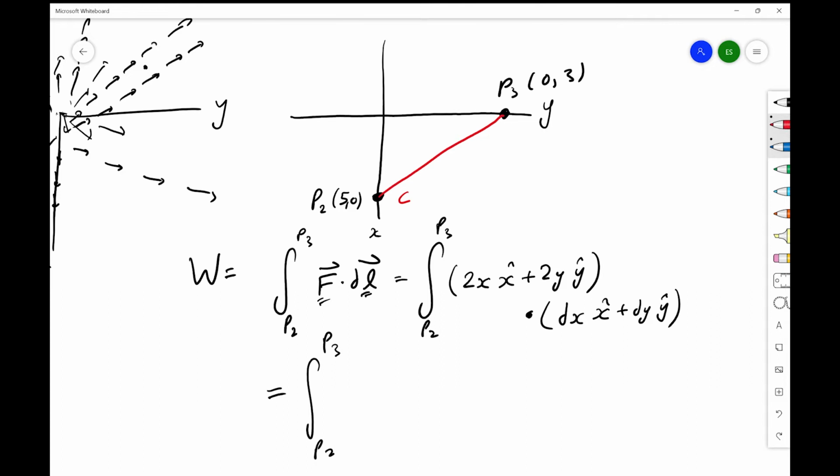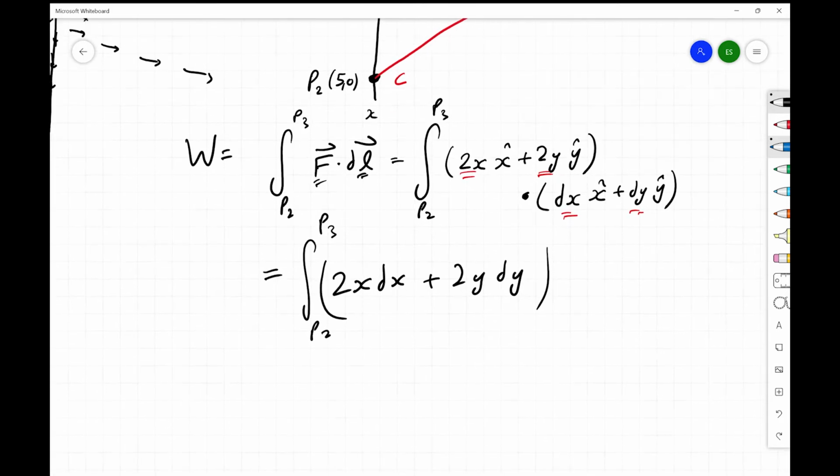Just multiply this with this, and then add this with this. That's all the dot product is for an orthonormal basis. We already established that in a previous lecture. So this is going to be 2x dx plus 2y dy.